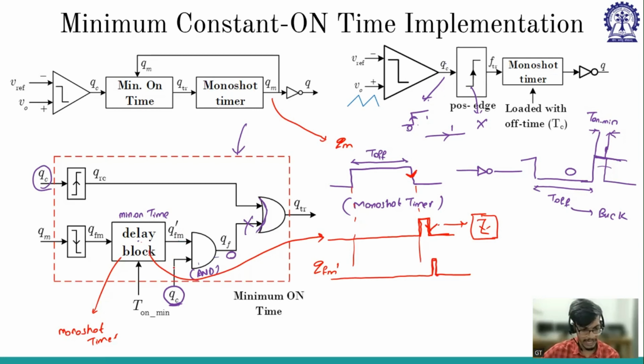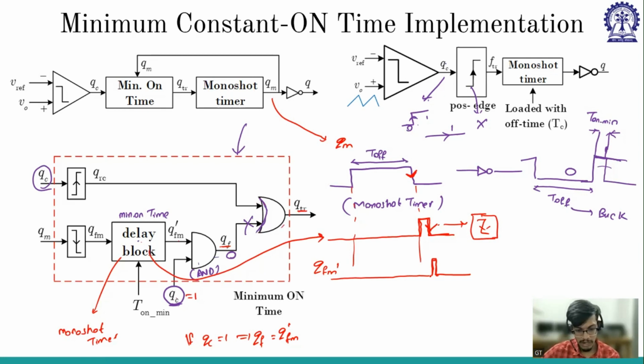Now QFM dash is ANDed with QC. If QC is 1, then QF is equal to QFM dash. Whatever QC we are getting, we are doing the OR operation, and then it goes to QTR.